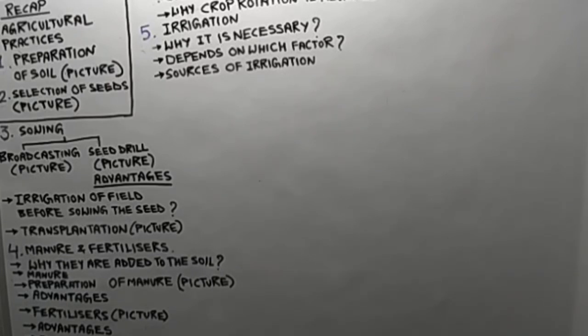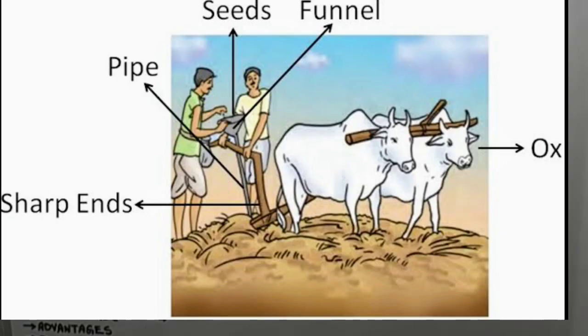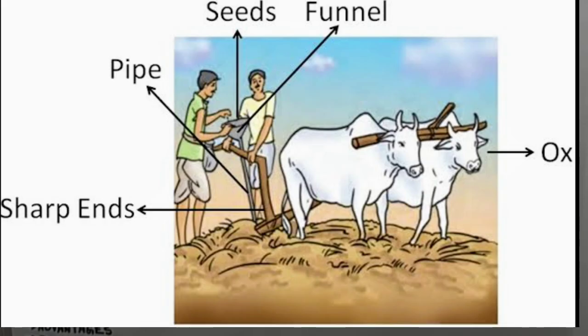The tractor driven seed drill has the advantages of saving time and labor. But in the case of bullock driven seed drill, you have one long iron tube having a funnel. Through that funnel, all the seeds are gradually released and are sown into a single row made by plough.